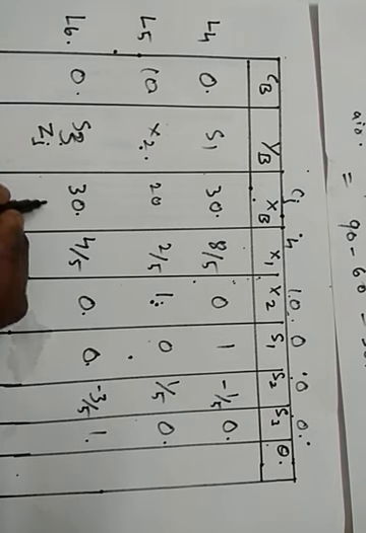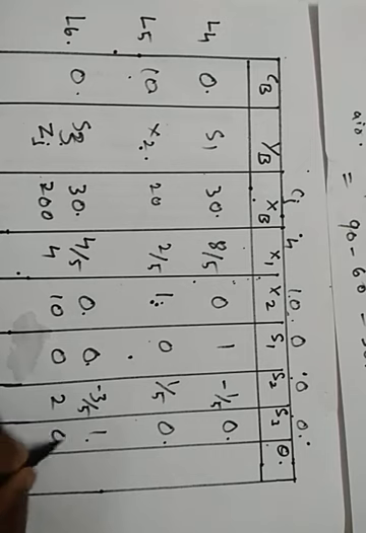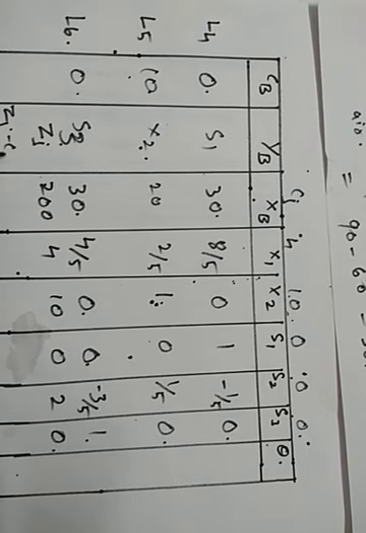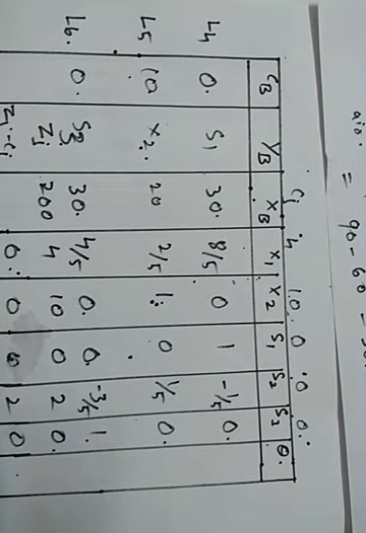And then the given equation will be 10 into 20 is 200, and 10 into 2 by 5 is 4, 10 into 1 is 10, 0, 2, and then 0. So Zj minus Cj equal to 0, 0, 0, and 2, and 0. Zj minus Cj is 0, and 4 minus 4 is 0. 10 minus 10 is 0.